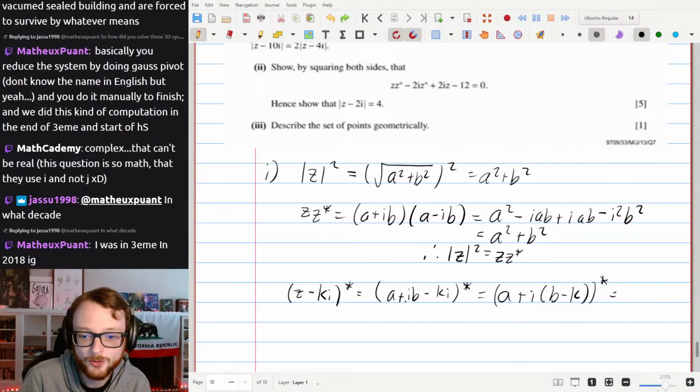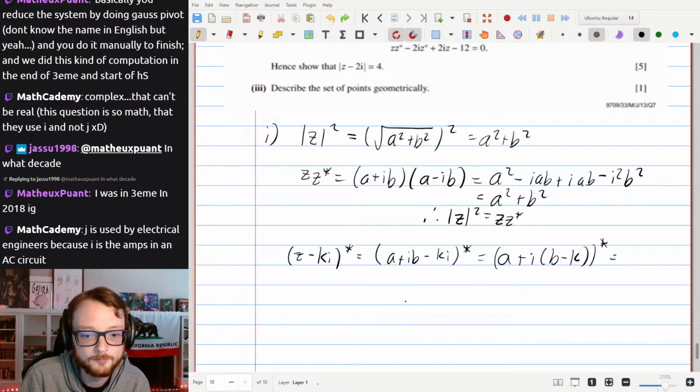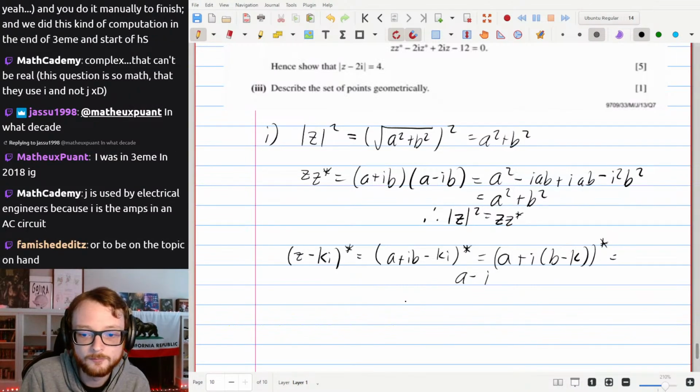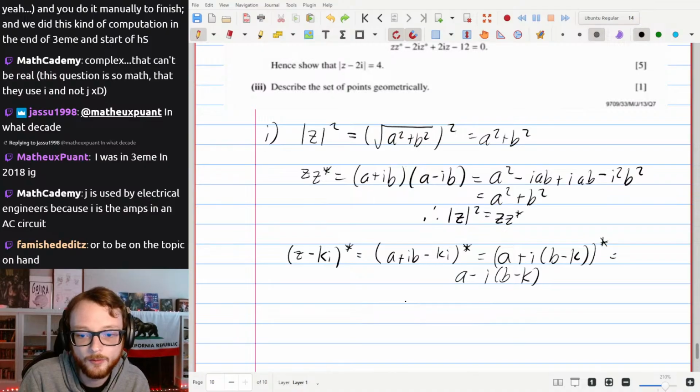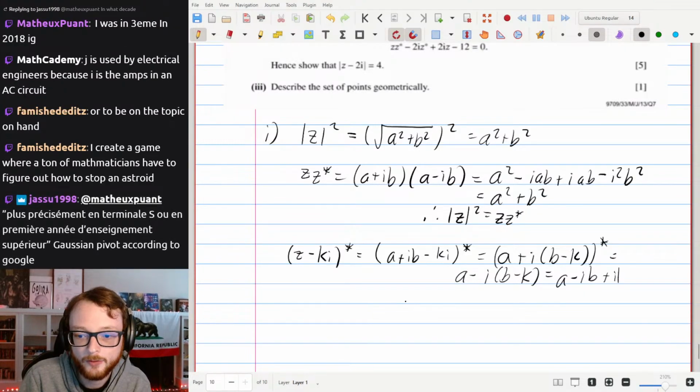So just negate the imaginary part. But the thing we want is z star plus ki, so we need to fiddle with this. So let's multiply the i back in now that we've conjugated. Plus ik. And look, a minus ib, that is z star. So let's plug that back in. Plus ik, and that's what was desired.